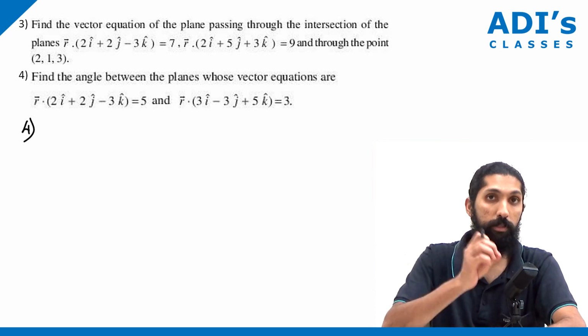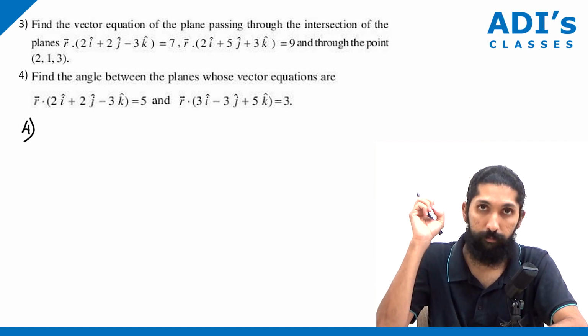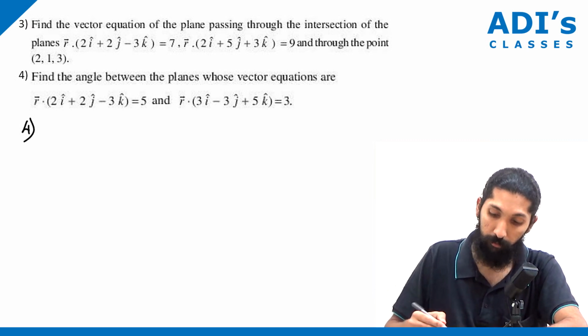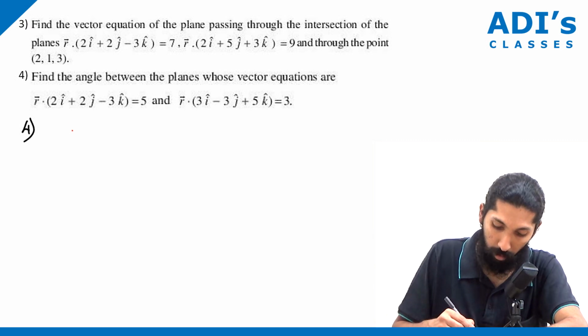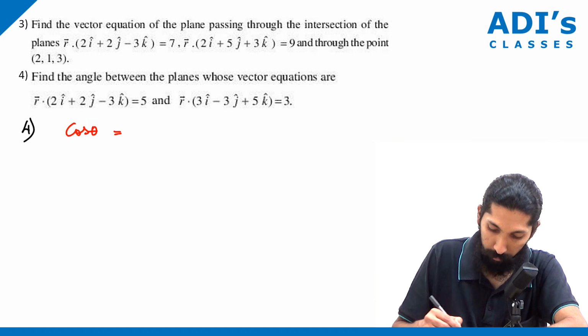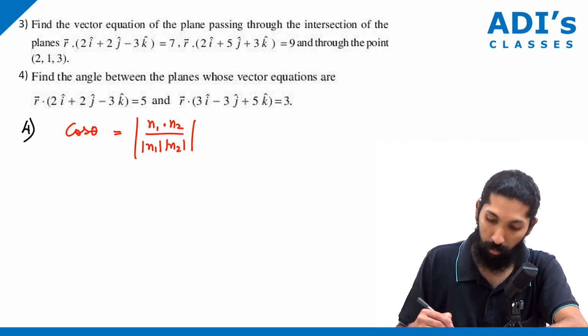Cos theta is n1 dot n2 by mod of n1 into mod of n2, correct? So here also, we have n1, we have n2, isn't it? So first, let's write down the formula. Cos theta is equal to n1 dot n2 by mod of n1 into mod of n2. Got it? So substitute.